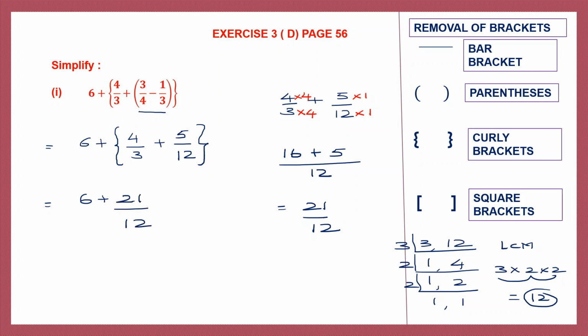Now we have 6 plus 21 by 12, and 6 will have the denominator 1. Now when one of the denominators is 1, the other number automatically becomes the LCM. So let's write 12 as the common denominator here.